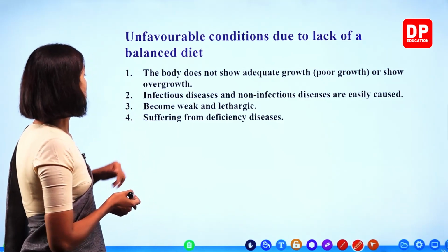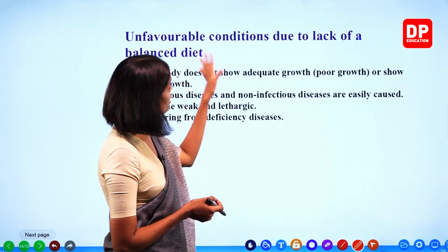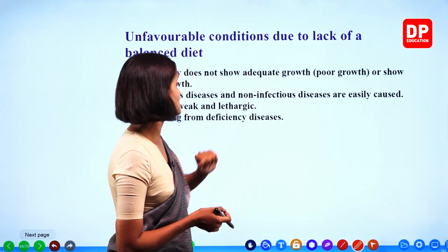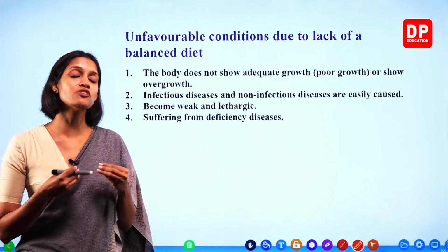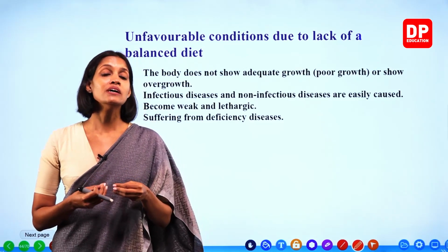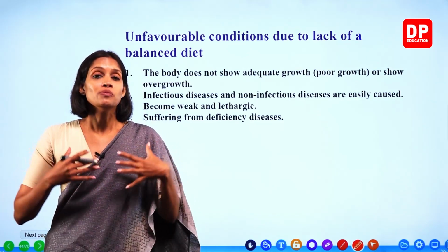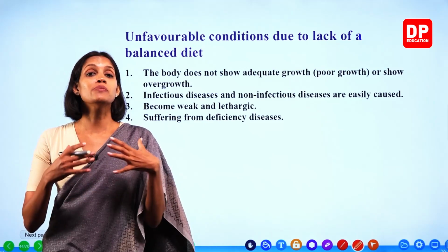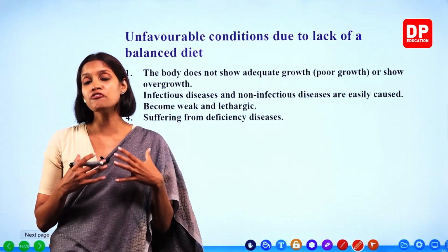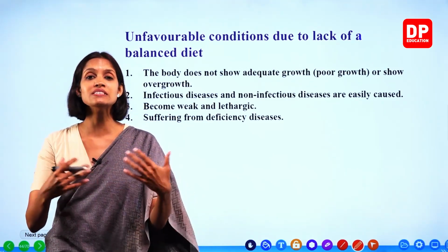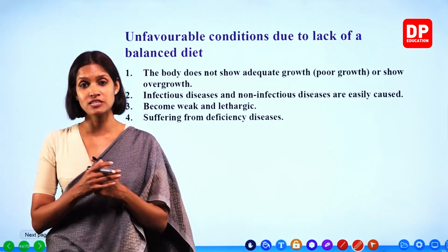Okay? So number 2, infectious diseases and non-infectious diseases are easily caused. So if you don't eat right amounts of vitamins and minerals, what will happen? Your immune system will become weak and your body cannot fight diseases. So you will easily get communicable diseases.